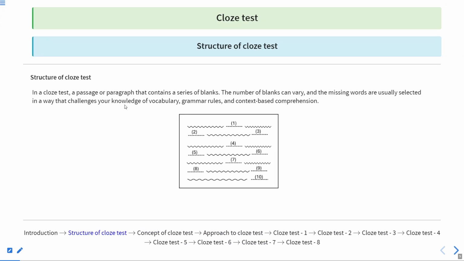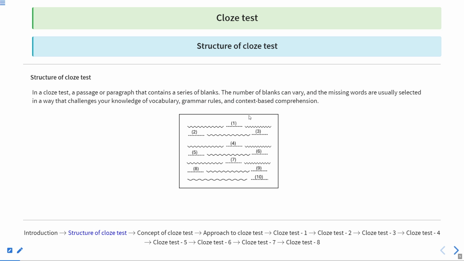So what is structure of a cloze test? In a cloze test, a paragraph may be given, and in this paragraph, there are a series of blanks. So number of blanks can vary, and the missing words are usually selected in a way that challenges our knowledge of vocabulary, grammar rules, and context-based comprehension.